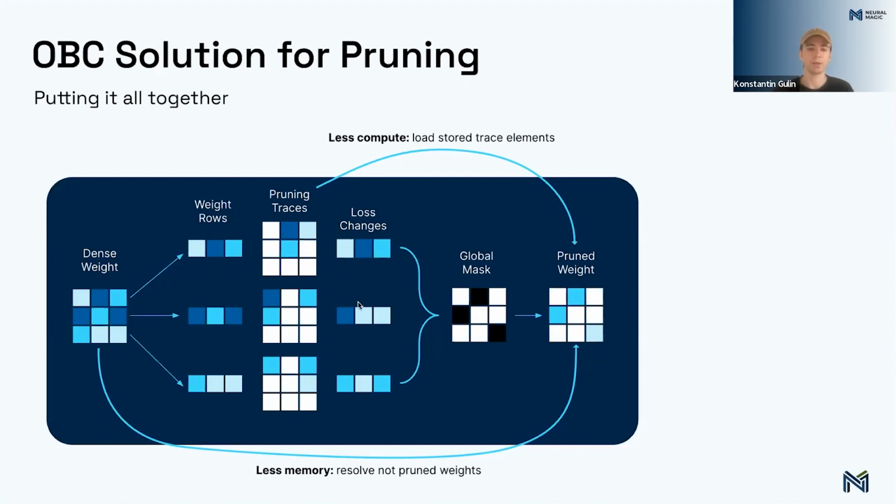And also another step that I should mention is, how do you determine the global mask? Well, with each of these steps, you also have the loss, right? And the loss, again, is that formula given to us by OBS. It's the weight squared over the corresponding entry of the inverse Hessian.